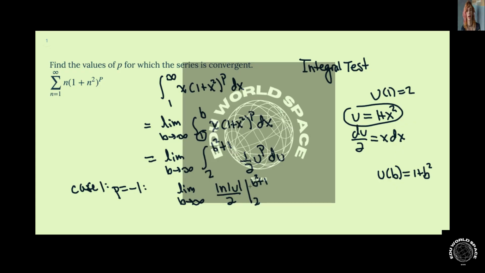But when we plug in the b squared plus 1 into the log and take the limit, this will go to infinity, so it diverges. So this means that we do not want to consider p equals -1. Let's go to the next page here.